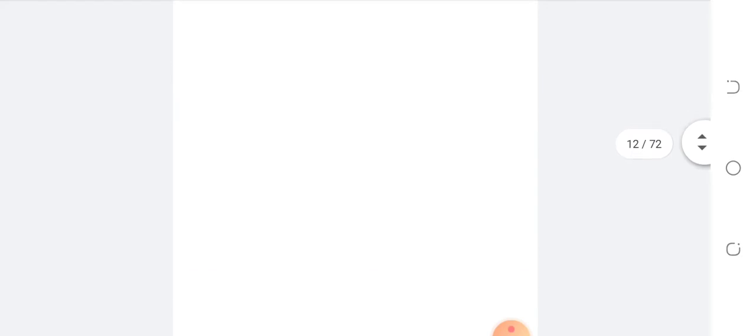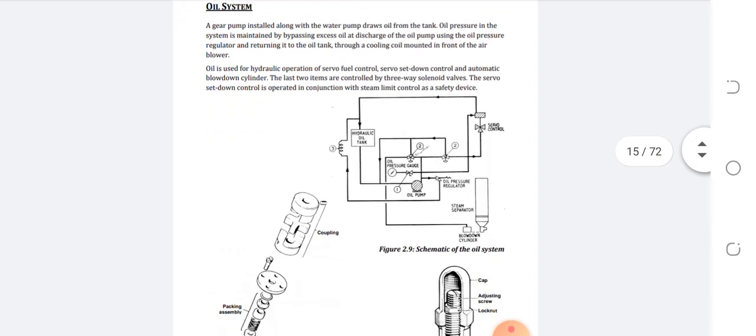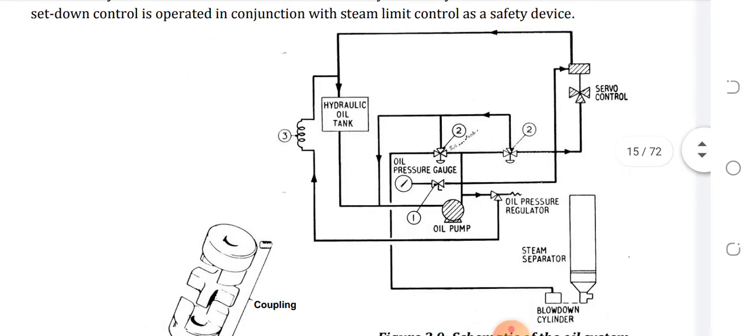We already know the purpose of the oil and the oil circuit. We have a hydraulic oil tank that feeds the oil pump. In this oil pump we have a pressure relief valve to recirculate the oil if we have enough pressure.